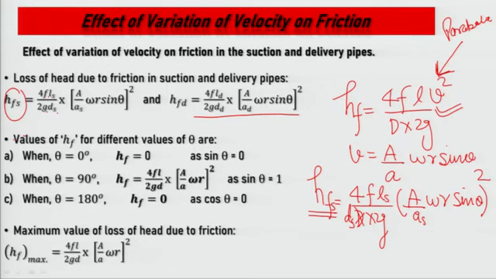If fluid is flowing in a pipe, two types of losses occur, one major and another minor. We consider the major loss, calculated by the Darcy-Weisbach equation, H_F equal to 4f L V square upon d into 2g. Here f is the coefficient of friction, and 4f is sometimes known as the friction factor.